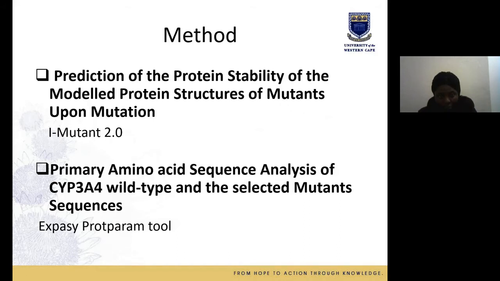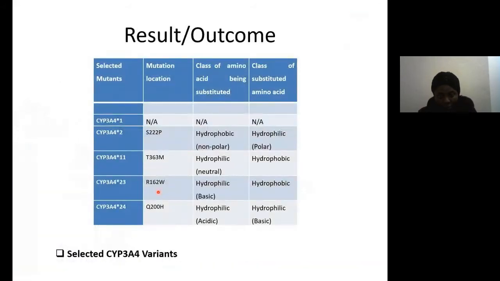Primary amino acid sequence analysis of the CYP3A4 selected mutants was done on ExPASy ProtParam. The table shows the selected variants with an indication of the substituted amino acid and the position of mutation in the selected variants for this study.